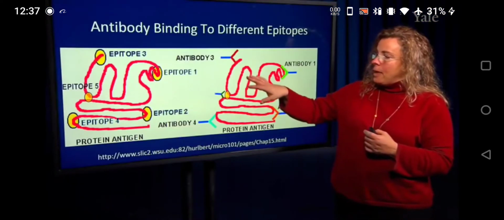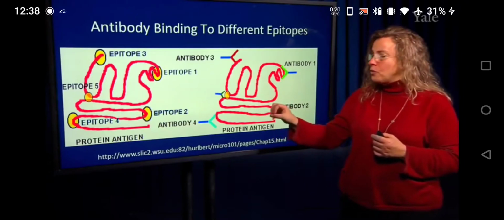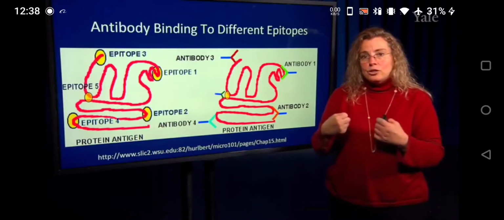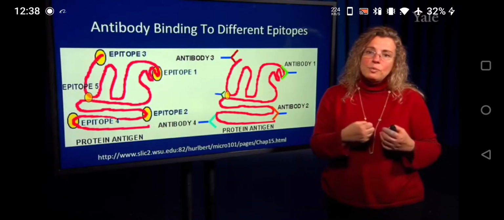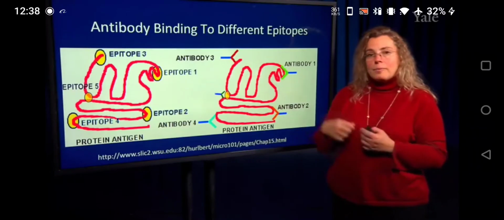Now, this is much harder to develop an epitope vaccine for because you can't bring those two pieces easily together. And so if you just want to use epitopes to generate antibodies, you need to find linear epitopes.